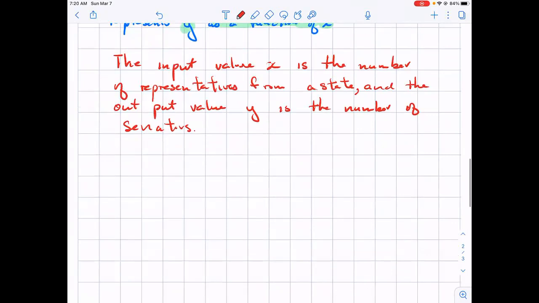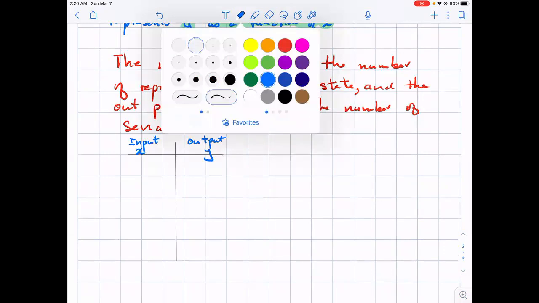Okay. So if we look at a table for this, let's create some form of a table. So we're going to have here the input, which is the x, and here we have the output, which we call the y. And I could fill in those.